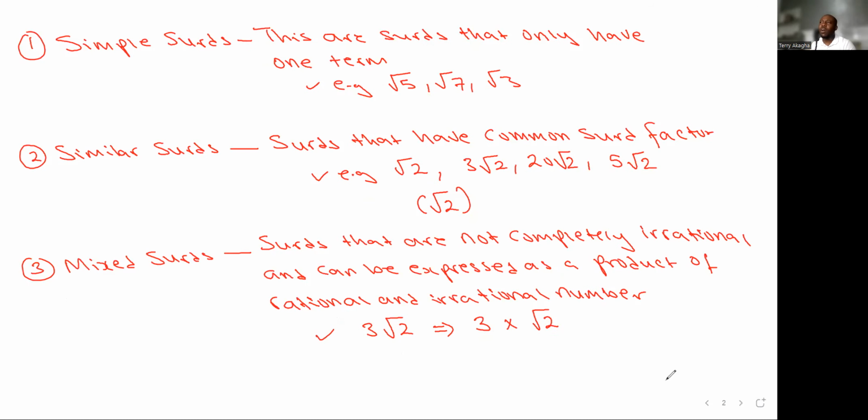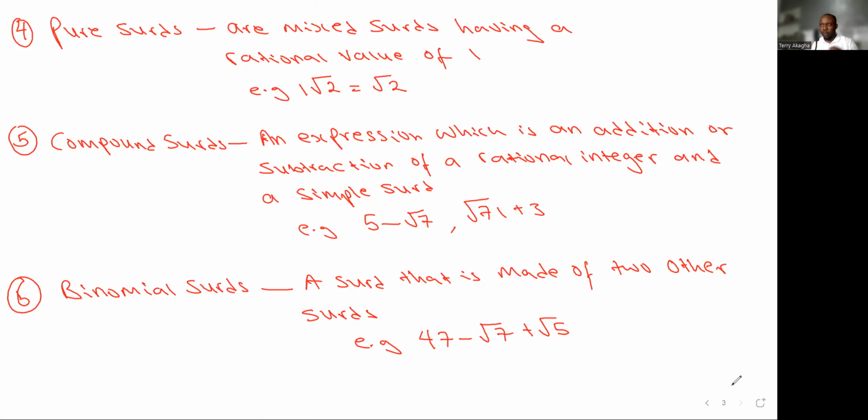We have the simple surds. These are surds that only have one term. We have the similar surds. These are surds that have a common surd factor. We have a mixed surd. This one is not completely irrational, but is expressed as a product of both a rational and an irrational number. We have the pure surds, which are mixed surds, but they have a rational value of 1.